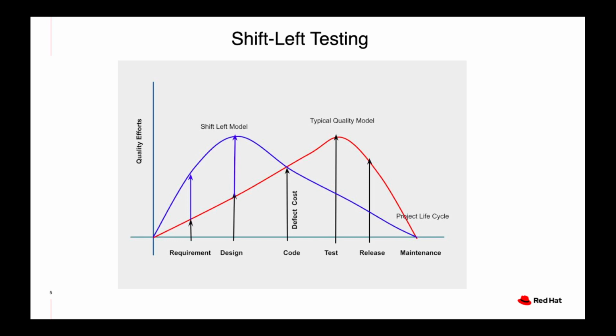in the shift-left model, it tries to create a culture where testers can be involved earlier in the phase. Even tests can begin at the very beginning of the project life cycle.